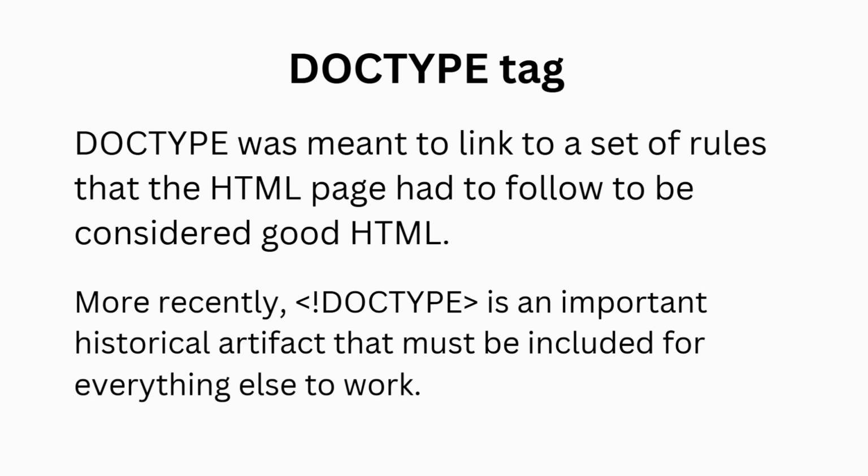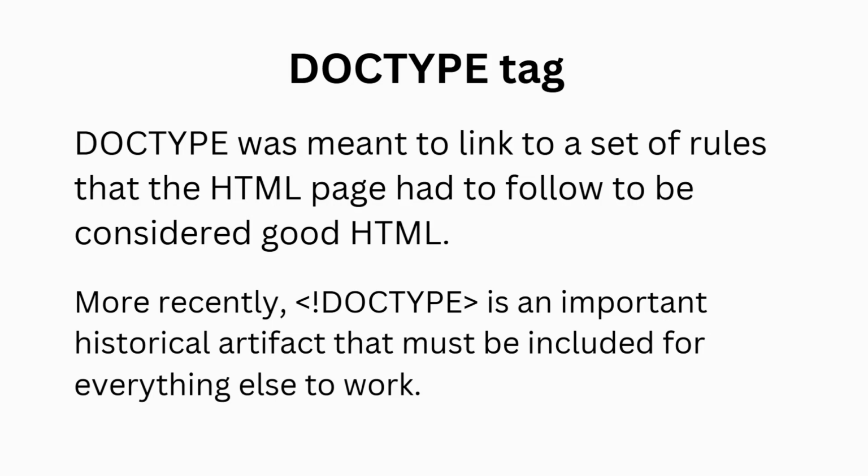When HTML was very young, let's say from 1991 to 1992, the doctypes were meant to act as links to a set of rules that the HTML page had to follow to be considered good HTML.